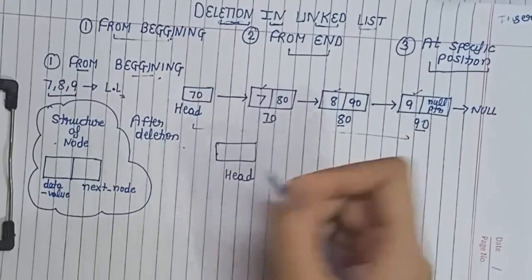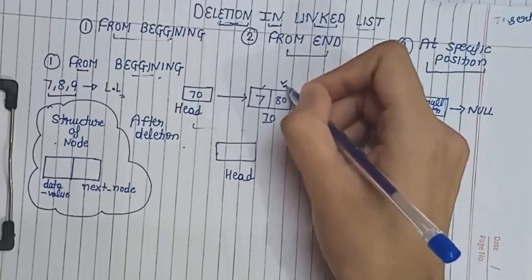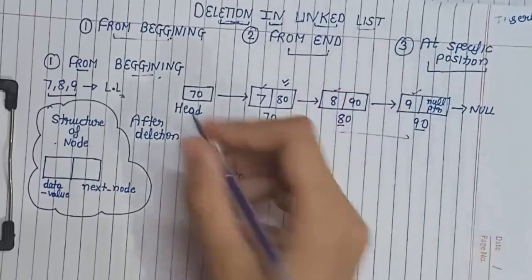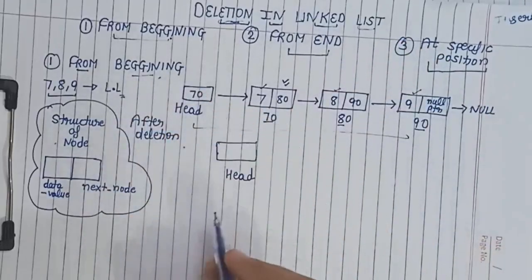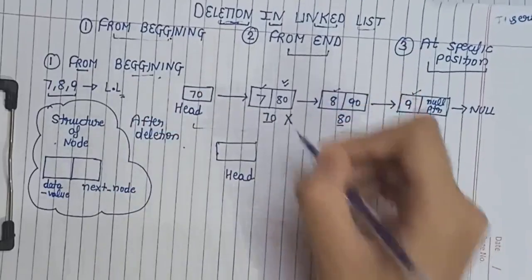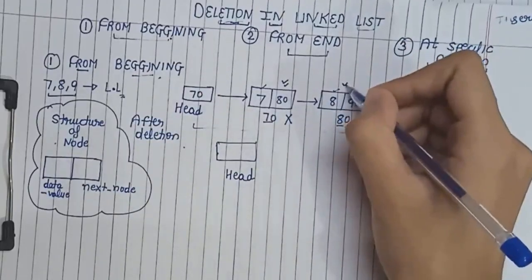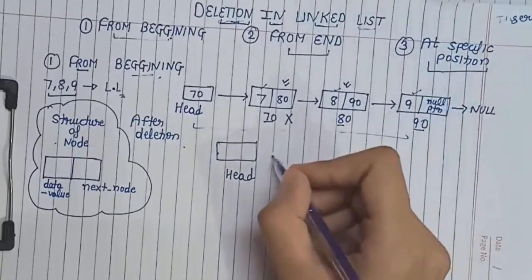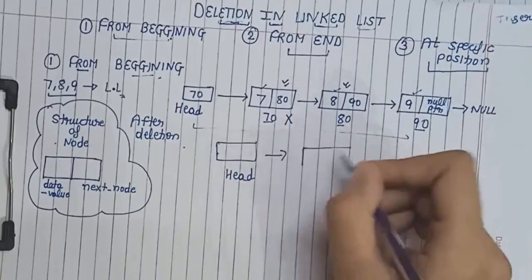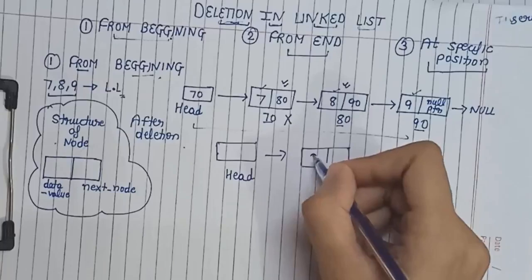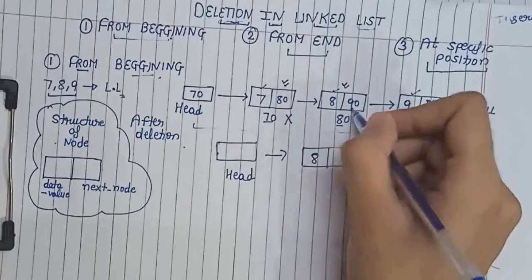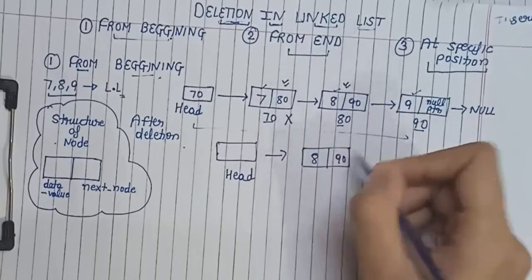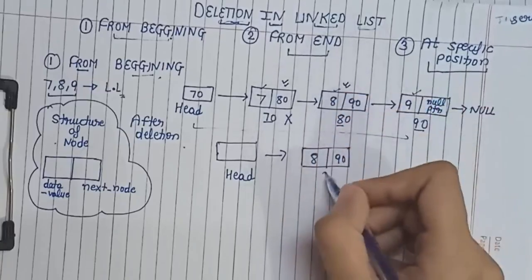Now you can note that the first node of the linked list is this, and after deletion from the beginning, this node will be deleted. So now this 8 will be our first node. The address stored here was 90. The address of this node was 80.